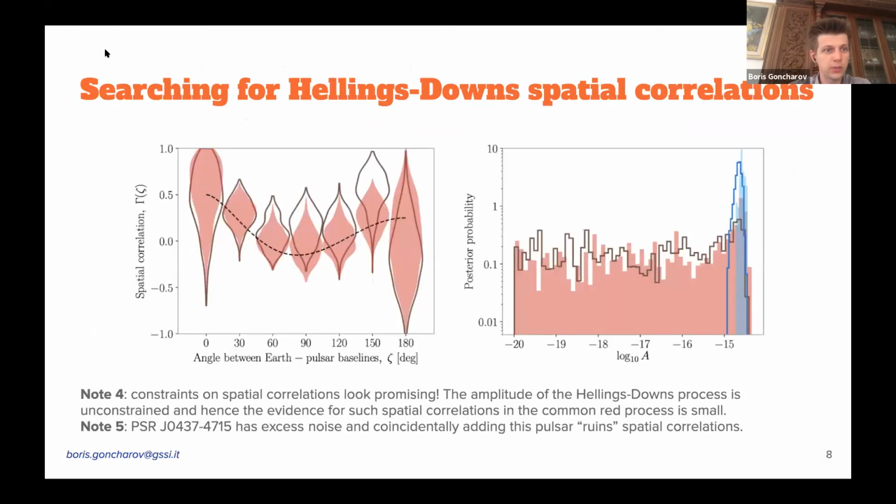Now the most interesting part. As we discover this common red process, which I will also explain some caveats in the further slides, assuming that we do have this common red process from the stochastic gravitational wave background, we can fit for spatial correlations in different ways, and then we can infer correlation coefficients, and we can infer the amplitude of spatial correlations, and so on.